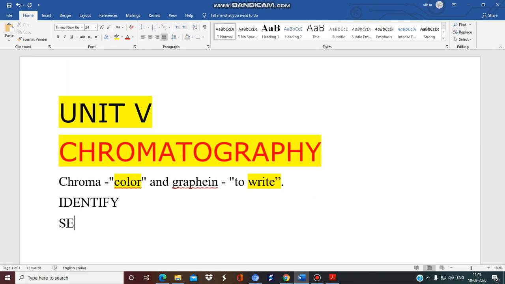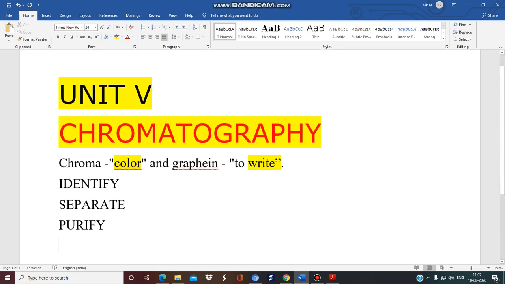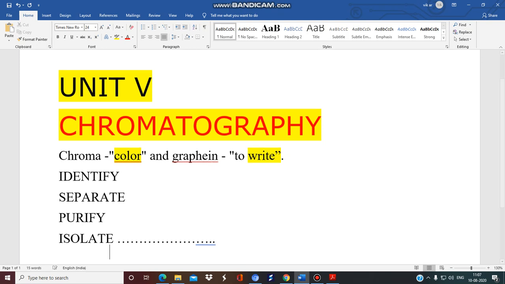Yes, we will separate a compound. Yes, we will purify a mixture. We will isolate a particular compound from a mixture, or we can say from an extract.